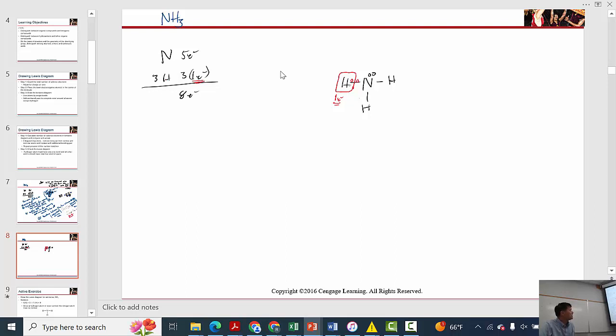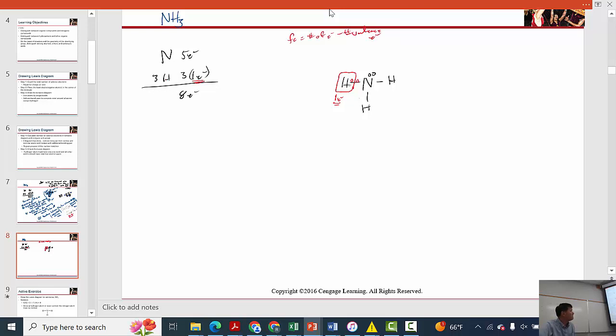And so what we say is this. The formal charge is equal to the number of electrons that it got in the structure minus the number of valence electrons. So formal charge equals number of electrons minus number of valence electrons. What's the difference between formal charge and oxidation state?